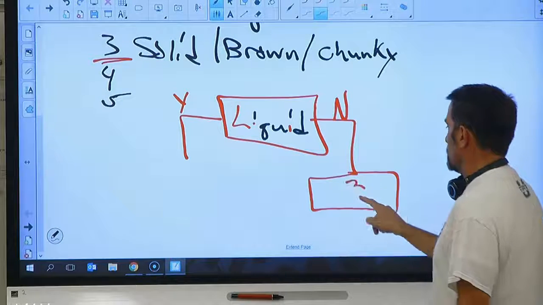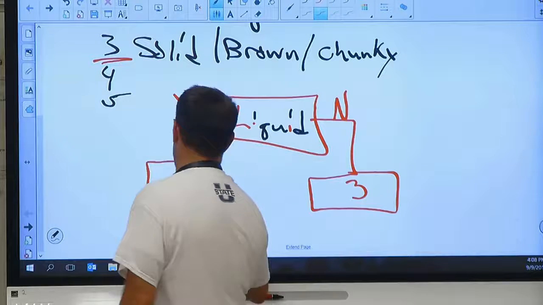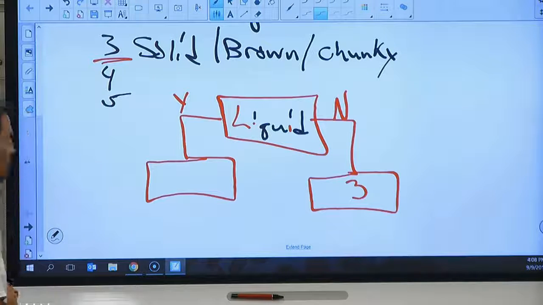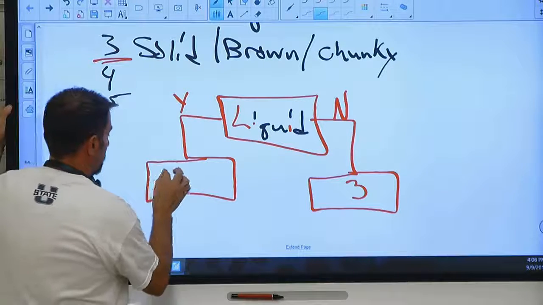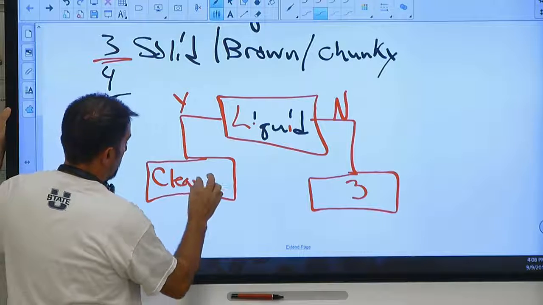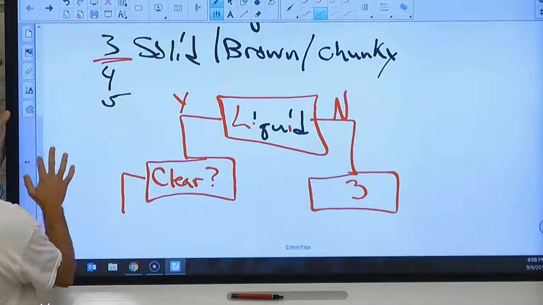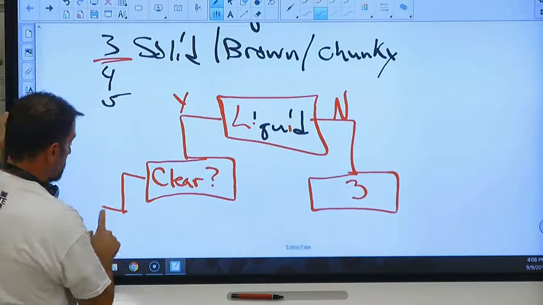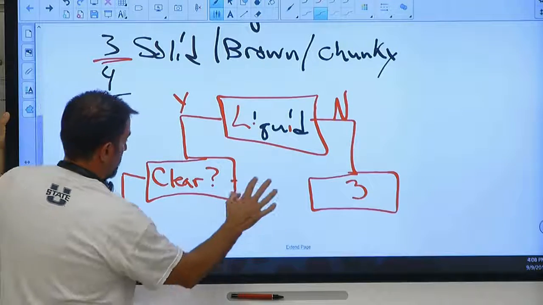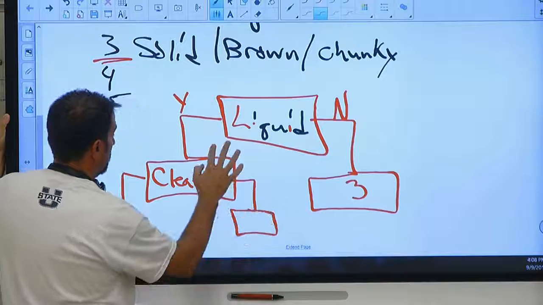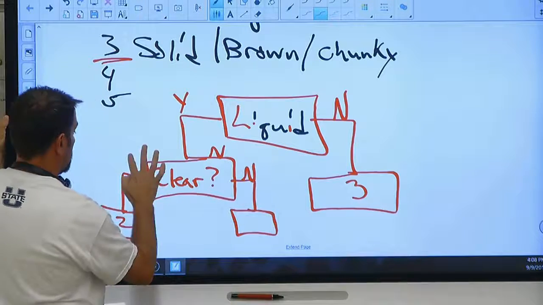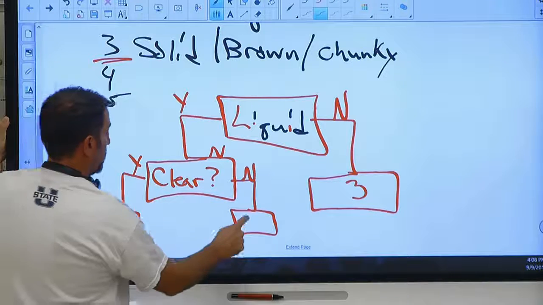So I put number 3 here. Now I want to separate the two liquids apart, so why don't I just say clear? All right, and then the yes, we said for this instance that was number 2. And this one, the no, yes, the no would have been number 1.